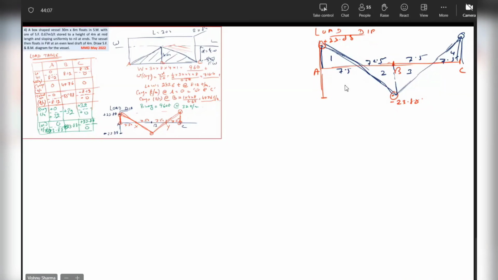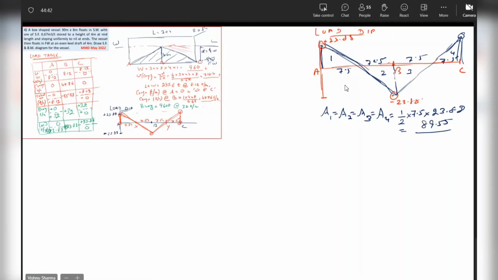That means area 1 will be equal to area 2, equal to area 3, equal to area 4. How much would each area be? Half, base will be 7.5, height will be 23.88. Can you please calculate how much each area would be, beta? 89.55, or 89.6, whatever you want to take, that's okay.